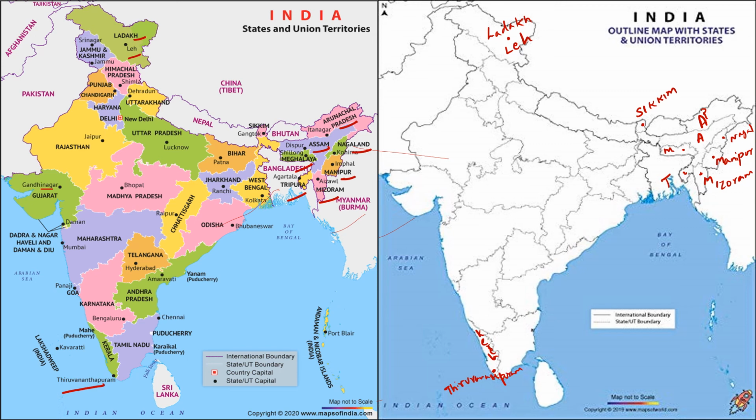And next are the union territories such as Daman and Diu. You can see here, right? This is Dadra Nagar Haveli and Daman and Diu. Daman and Diu is a union territory, which you can write here. Clear? So Daman and Diu you can write in this place.